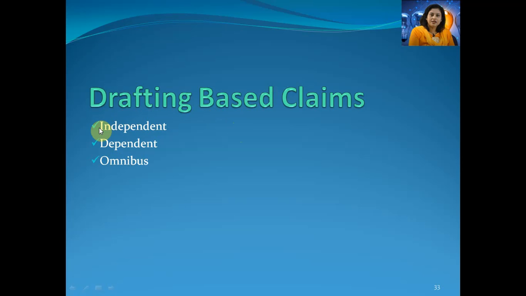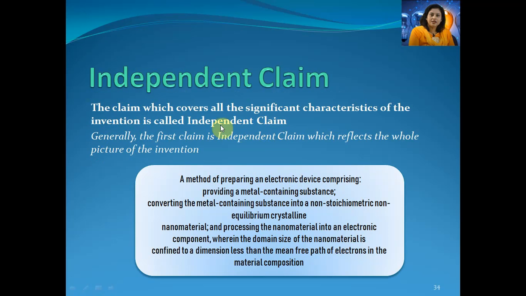Let us concentrate now on drafting based claims. We have independent claims, dependent claims, and omnibus claim. Independent claim: the claim which covers all the significant characteristics of the invention is called independent claim. Generally, the first claim is independent claim, which reflects the whole picture of invention.